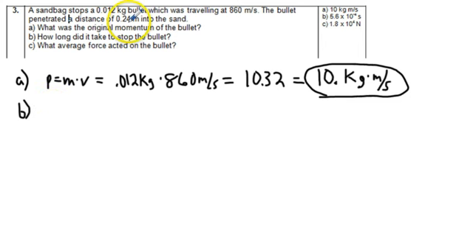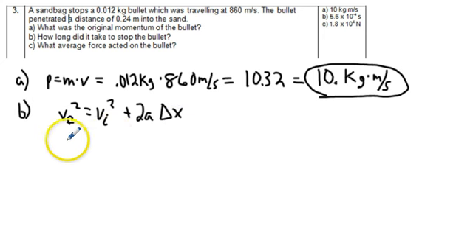So there are other ways to solve this, but the way that immediately came to mind to me, since they gave distance, is first off, I felt like I needed to know an acceleration in order to find time. So I set this equation up, Vf squared equals Vi squared plus 2a delta x.